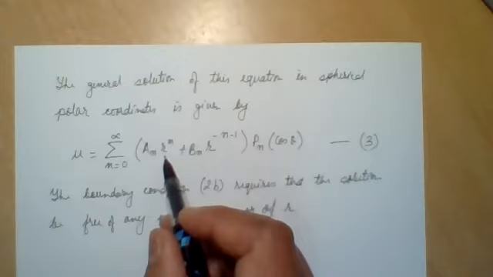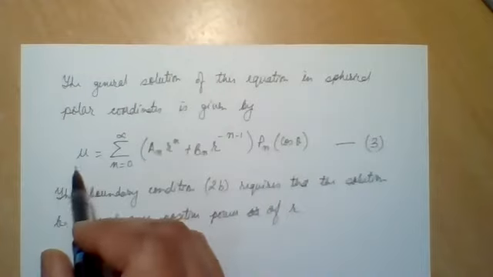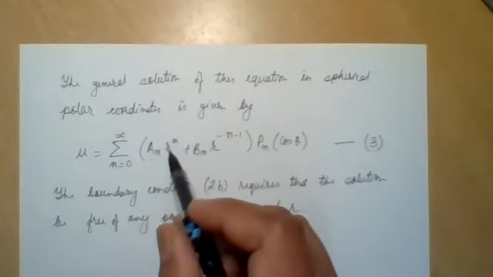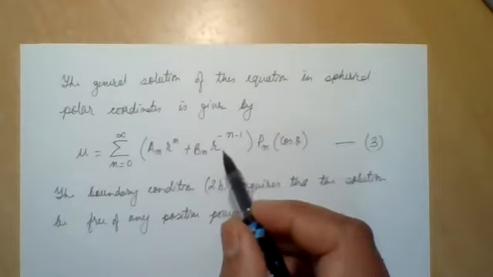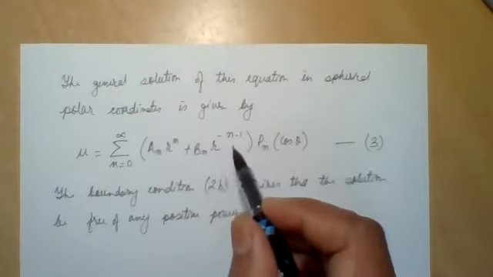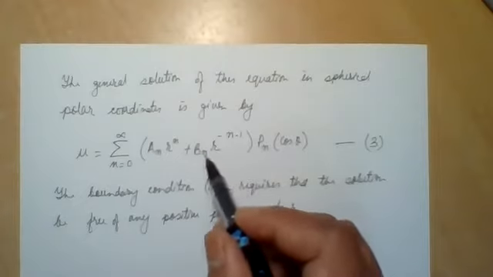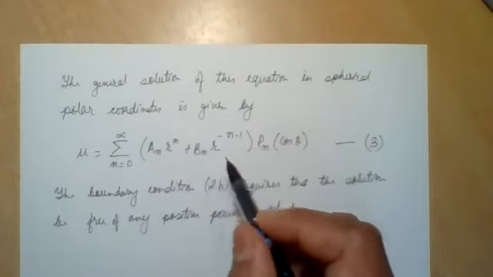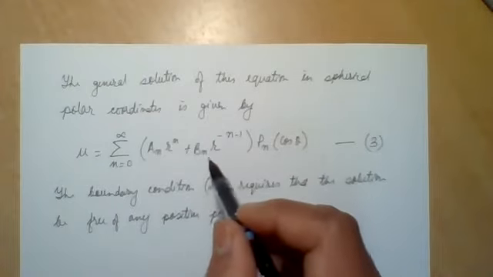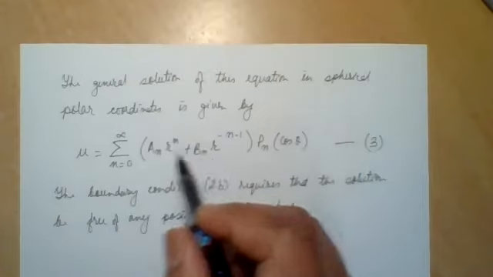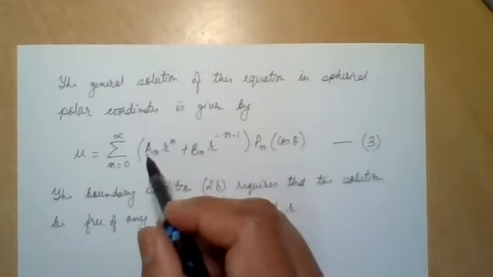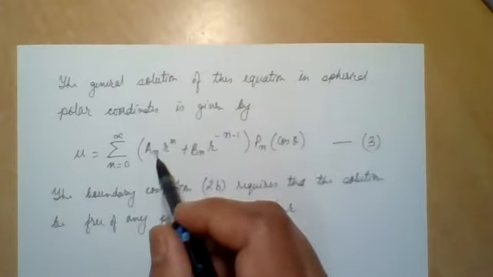Okay, but we already know that when R goes to infinity, U should go to 0. That means this term should not be there, because this particular term, when R goes to infinity, goes to 0. So this is the term which satisfies the boundary condition 2b. So this term can be present, but this term should not be present. That means An should be 0.